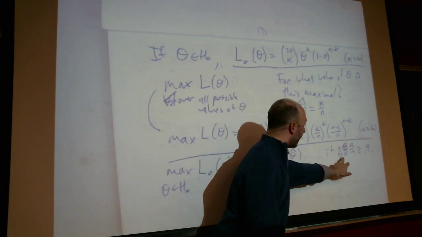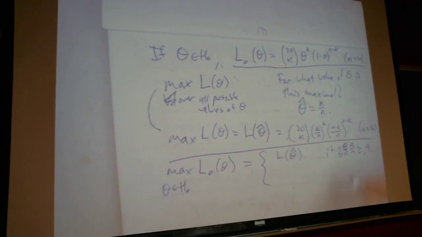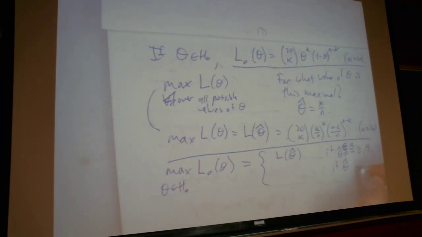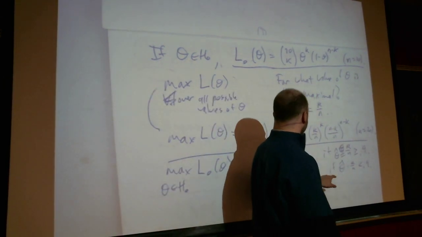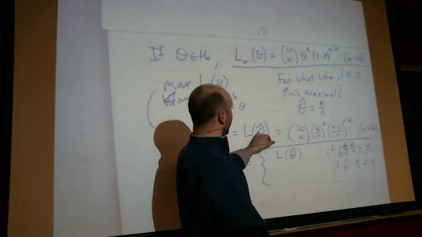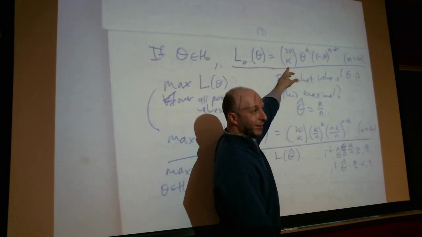What happens if theta hat, which is k over n, comes out to less than 0.9? Well, now we have a boundary condition instead of having no restriction on theta, in which case we can use the derivative.